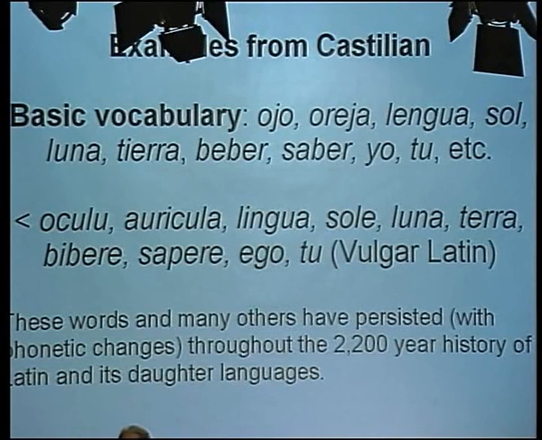These words and many others have persisted with phonetic changes throughout the 2,200-year history of Latin and the daughter languages, which are called Romance languages.